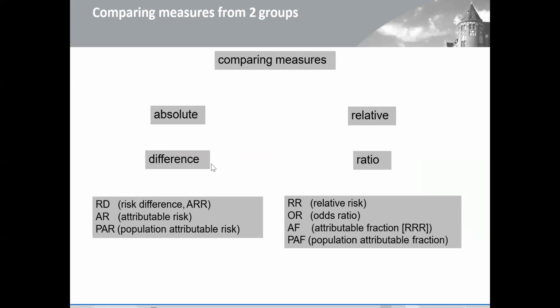The differences are risk difference, attributable risk, and population attributable risk. Then the ratios are relative risk, odds ratio, attributable fraction, and population attributable fraction, because now there's the element of dividing.